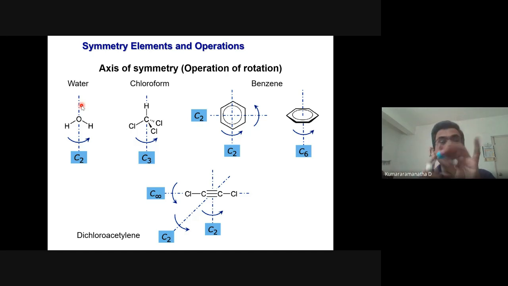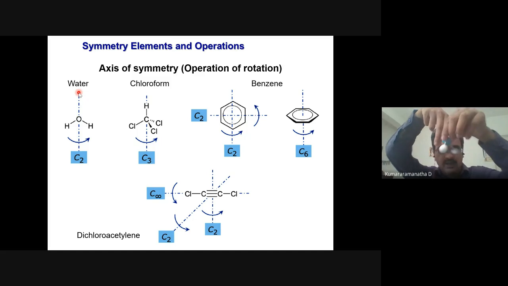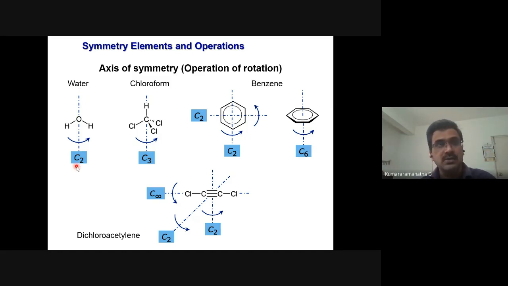So this is the line of symmetry. If you pass a line through this ball and do a turn, then it is C2 symmetry. C2 means 360 divided by 2, a 180-degree rotation. Now C3.